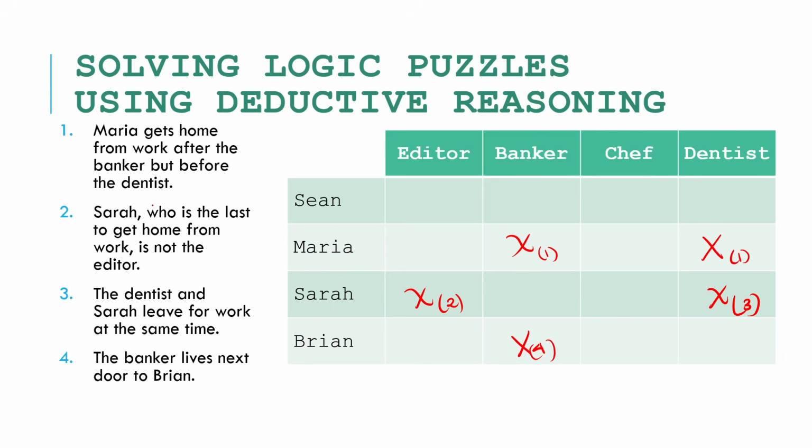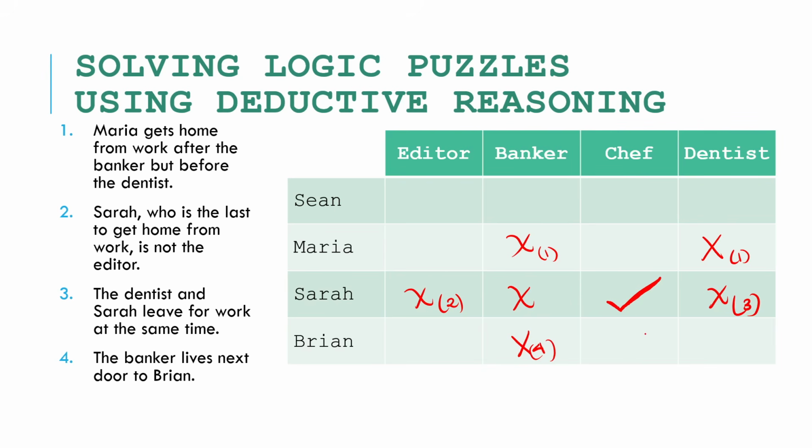So from clue number 1 and clue number 2, we could cross out banker as an occupation that Sarah might have. So it's not banker. Sarah is not the banker. So what occupation is left for Sarah? Well, chef. No, that's the only cell available along Sarah's row. So Sarah is our chef, the first occupation that we have found.